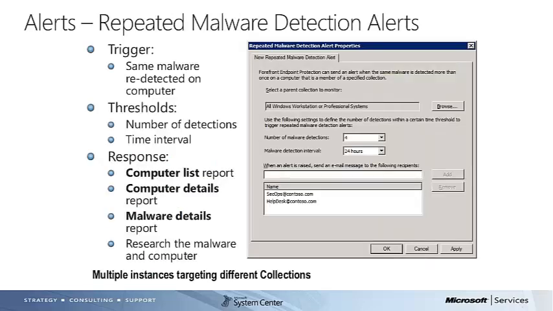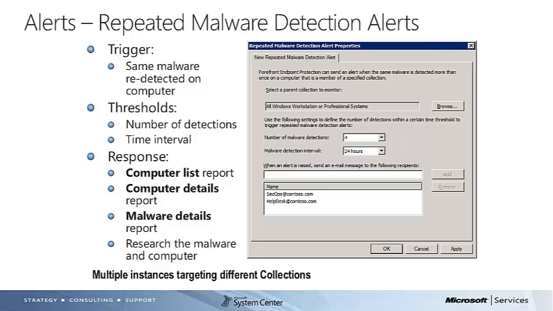So the next type of multi-instance alert is a repeated malware detection, meaning that it's the same malware, it was cleaned and then it came back. Usually you would see this if there's maybe a malware dropper that wasn't detected by FEP and it continues to come back.